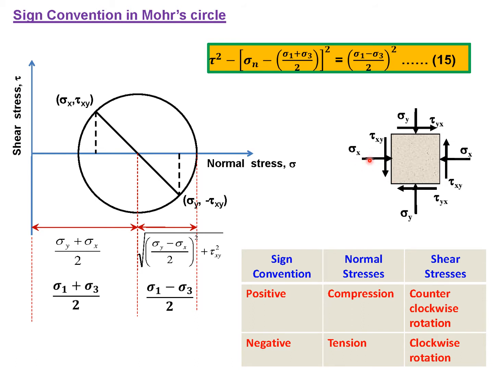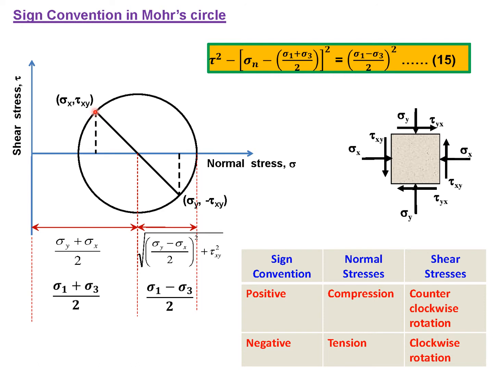Sigma x is positive, so we are using some value over here. And tau xy, you have counterclockwise rotation, so this is also positive. Sigma x is positive and tau xy is positive, so you have got this point.